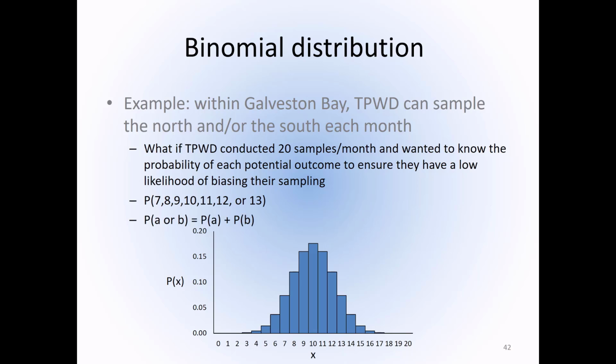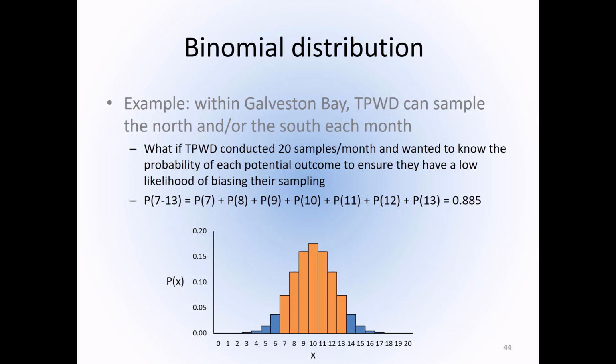So in this particular case, it would be the probability of sampling North Galveston Bay 7, 8, 9, 10, 11, 12, or 13 times. So we're adding all of these together because they all meet our representative criteria. And this represents over 88% of the potential events based on our probabilities of sampling each of those bays equally.